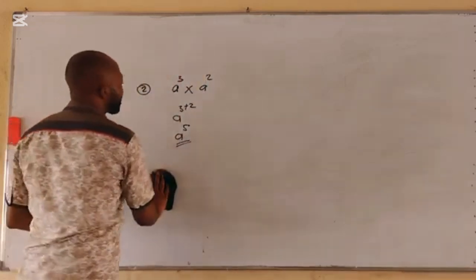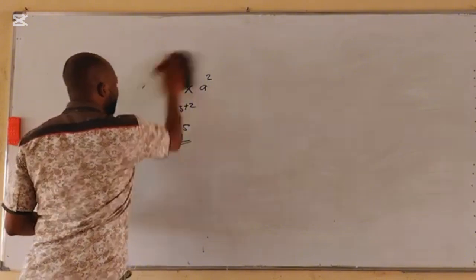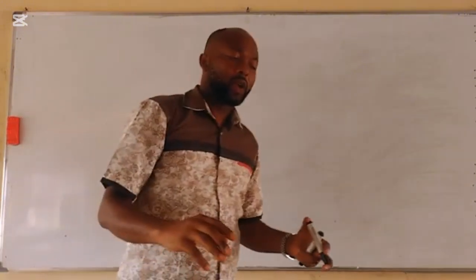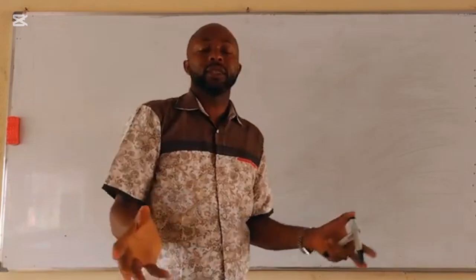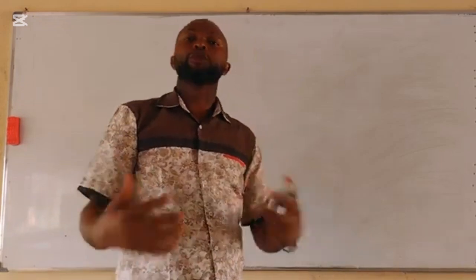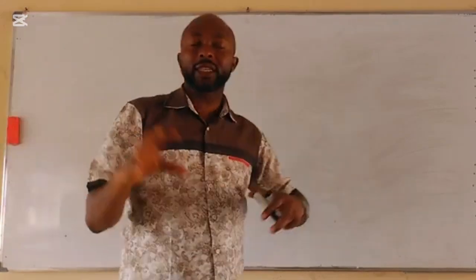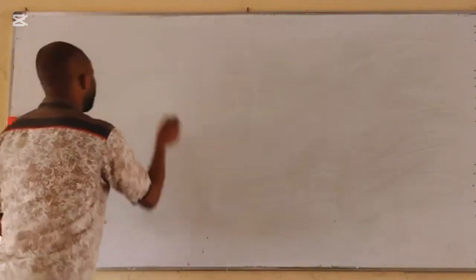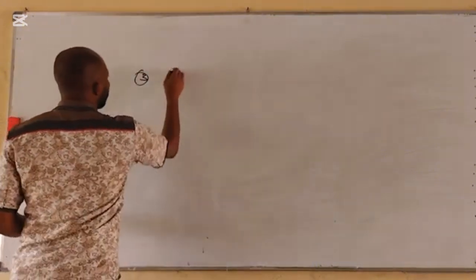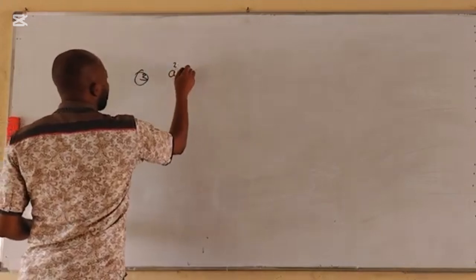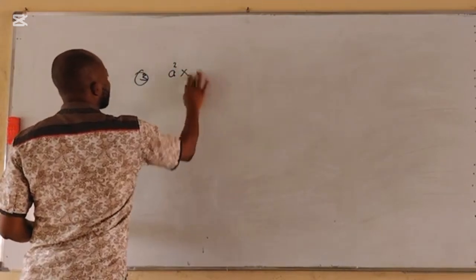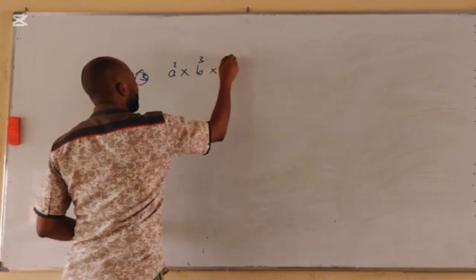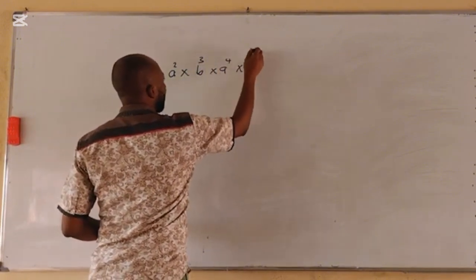Now, another aspect of this multiplication law is when we multiply numbers that have different bases, we have to regroup the ones that are similar and evaluate them. Let's take that as 3. I have a raised to the power 2 times b raised to the power 3 times a raised to the power 4 times b raised to the power 5.